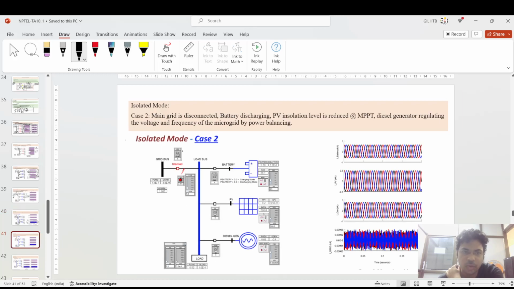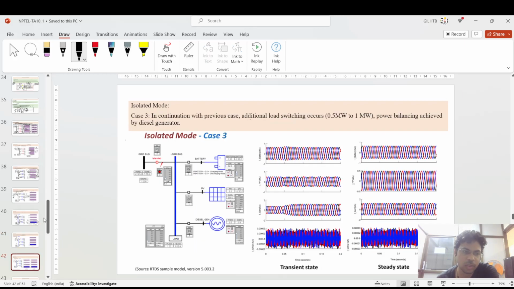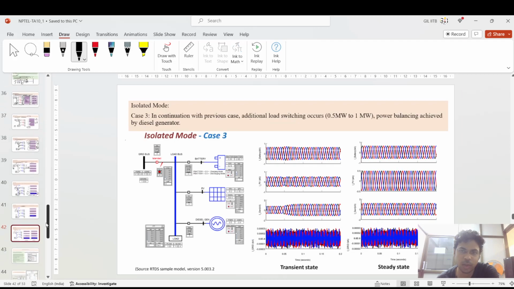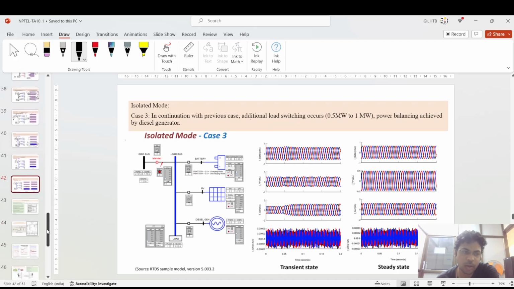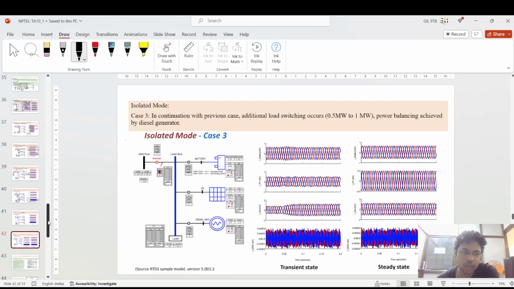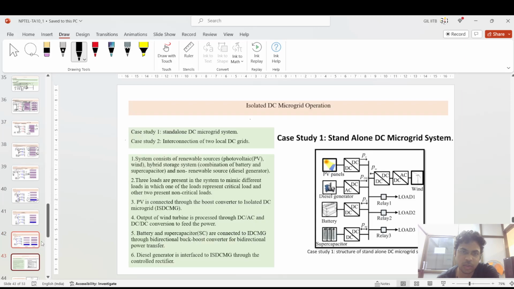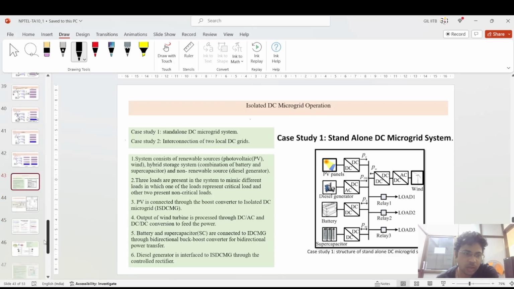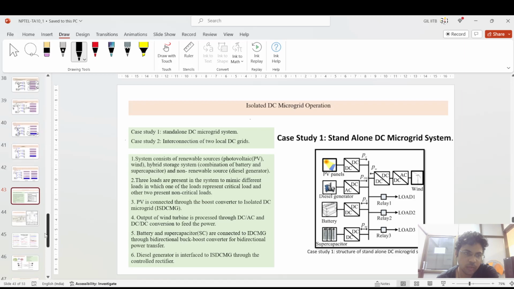All of these are simulated in the real-time simulator. Case 2 is when the main grid is disconnected but the battery is charging, so the power going to the load will reduce. That is also one of the situations. The other situation is when switching can happen.